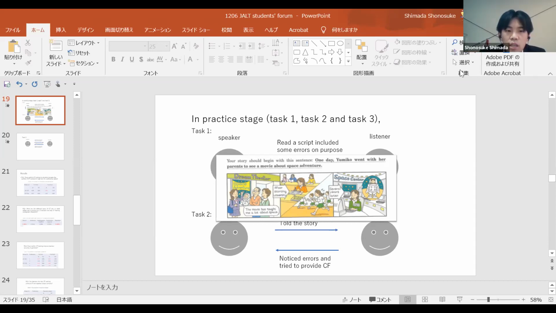In this study, I didn't clearly mention the target form, but I prepared picture stories in which they have to talk about the past. They were supposed to use past tense, and as I expected, the errors were basically in the past tense or articles.